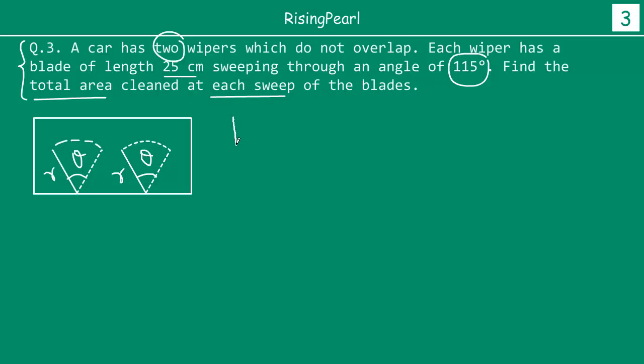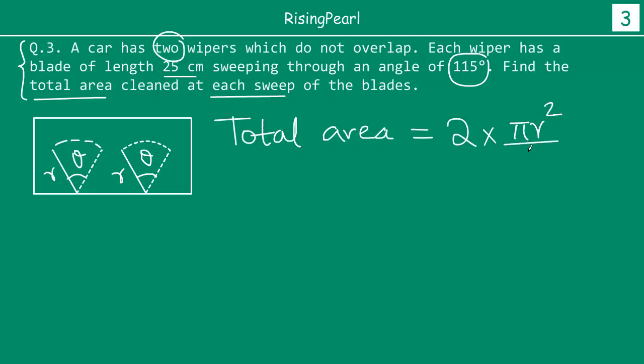So total area that the wiper is cleaning in each sweep is equal to 2 times area of each sector, which is given by pi r squared divided by 360 times theta. One of the sectors is given by this formula. There are two wiper blades. So total area is 2 times each of the sectors.